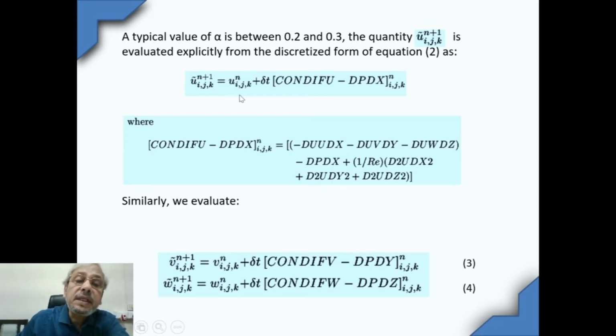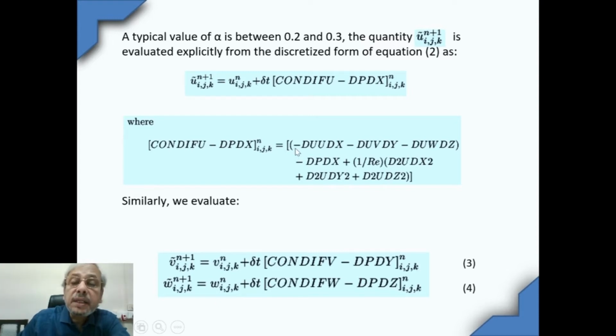As we can see here, u_ijk at the nth level plus delta t into (condiff u minus dp/dx) at the nth level at a point ijk. So condiff u minus dp/dx means the convective and diffusive terms and the pressure gradient term.